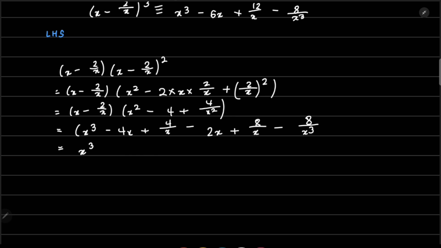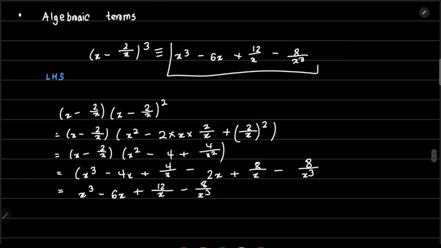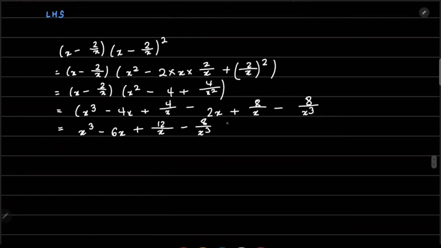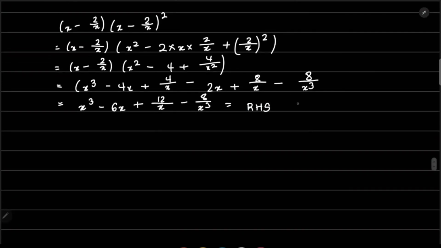If I write the x terms together, minus 4x minus 2x is minus 6x, and the 4 by x plus 8 by x is 12 by x, and finally we have minus 8 by x cube. This is equal to the right hand side, so we have proven what we were asked to show.